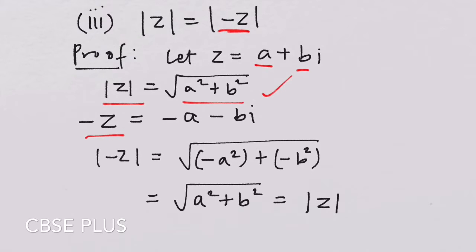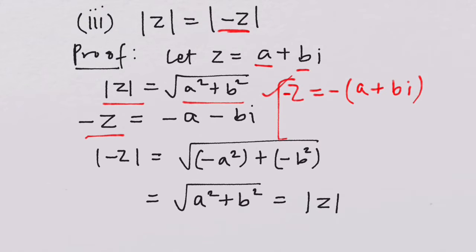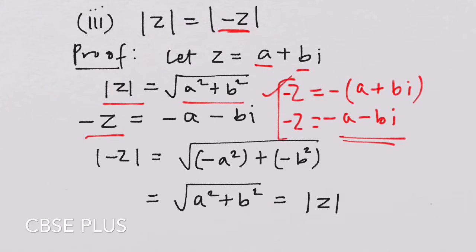Actually we are multiplying here. Negative of a complex number is nothing but multiplying minus 1 to a plus b iota. Minus 1 into a is equal to minus a, and minus 1 into plus b is equal to minus b into iota. So this is actually minus z.